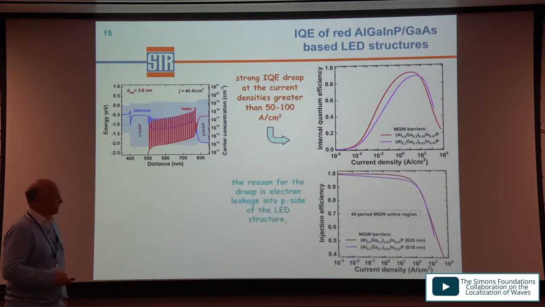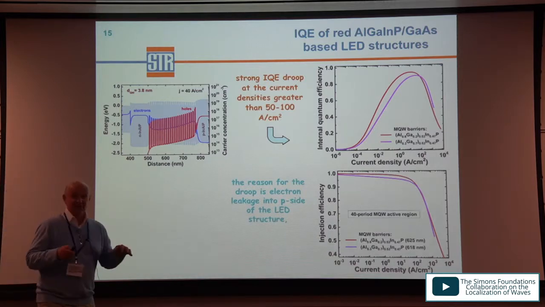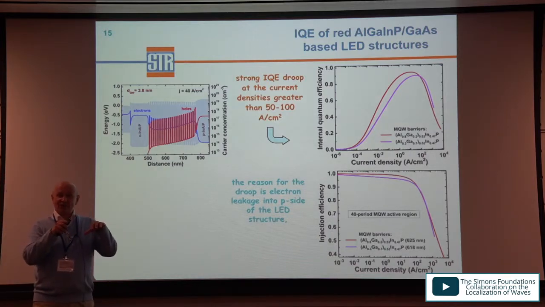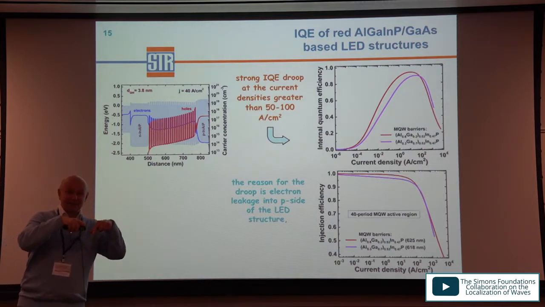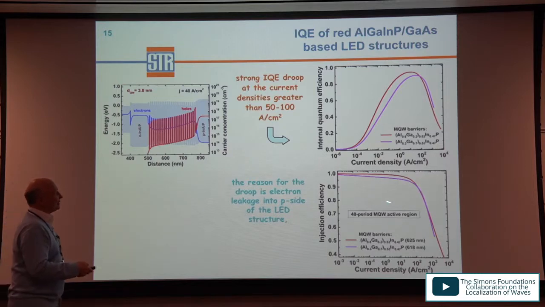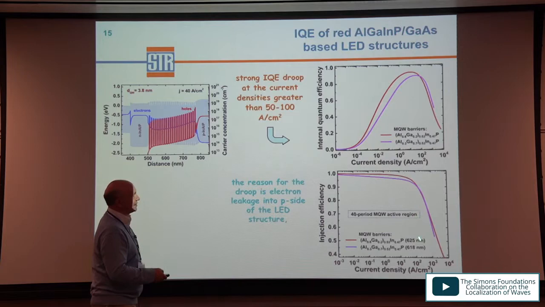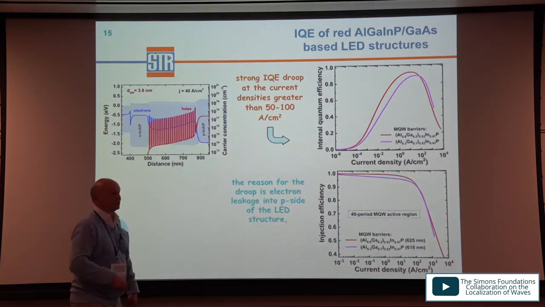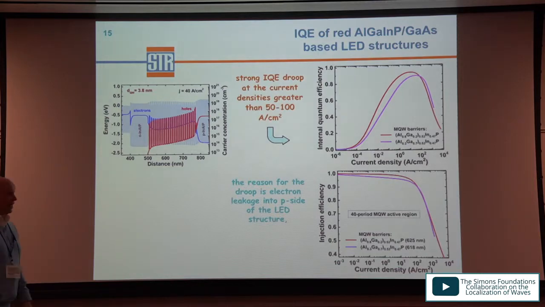If we calculate the injection efficiency, meaning the part of the carriers that come to the quantum well and recombine there, the injection efficiency drops down at nearly the same current density where the drop of the efficiency is observed. And the reason is the leakage of electrons from the active region to the p side of the LED structure.